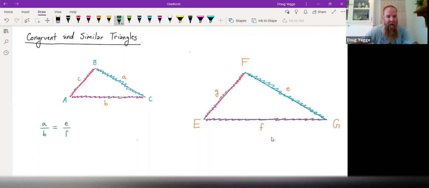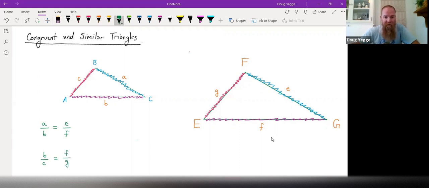So a over b is equal to e over f. Let's take some other one, maybe b over c. Considering these are similar triangles, b over c would equal f over g.